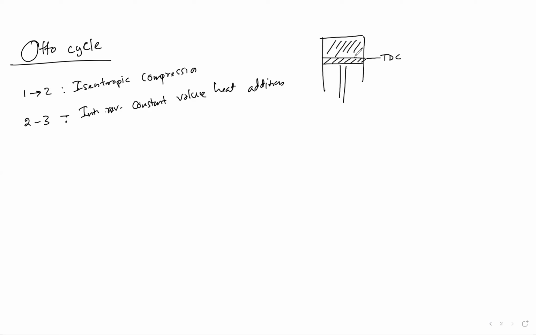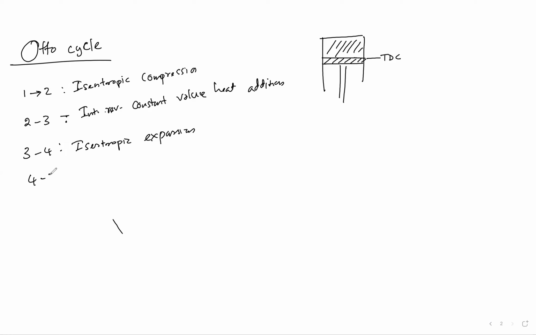This volume remains constant during the combustion process, which quickly takes place. And 3 to 4 is an isentropic expansion. This is the process in which work is created.